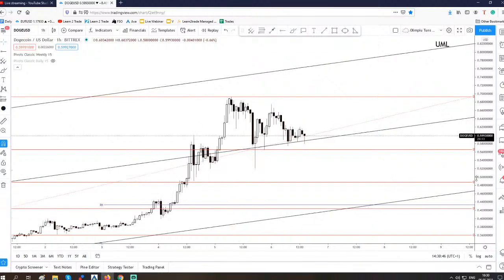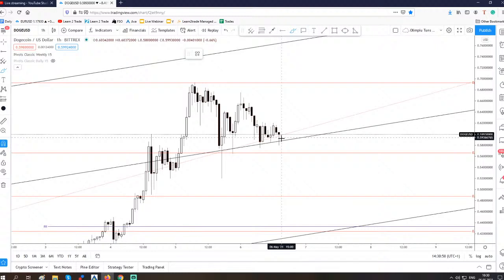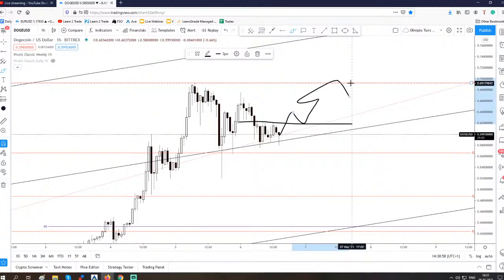So maybe if the price increases and makes a new higher high, a valid breakout here, then it may continue to increase, guys. So this one is bullish.